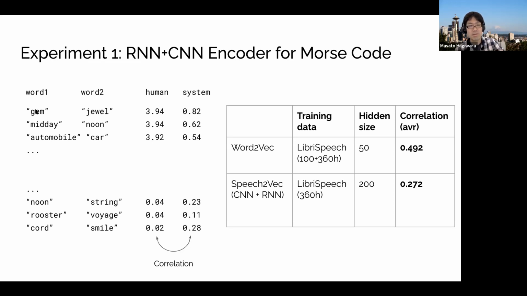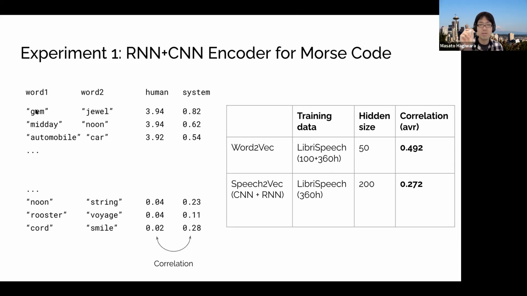All the way to word pairs that are not very similar, like noon, string, rooster, voyage, etc. And you have scores assigned by humans for each pair, usually through crowdsourcing.